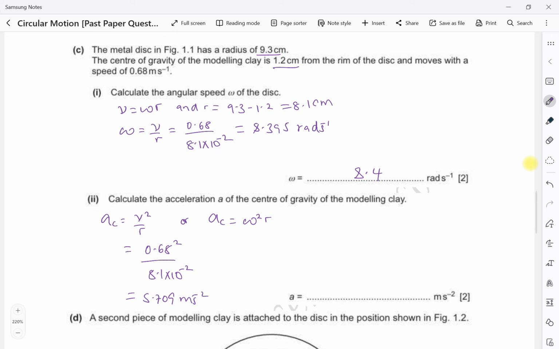Or you can use 8.395 squared times 8.1 times 10 to the power of minus 2, which gives the same thing. So I'll just write here 5.7.